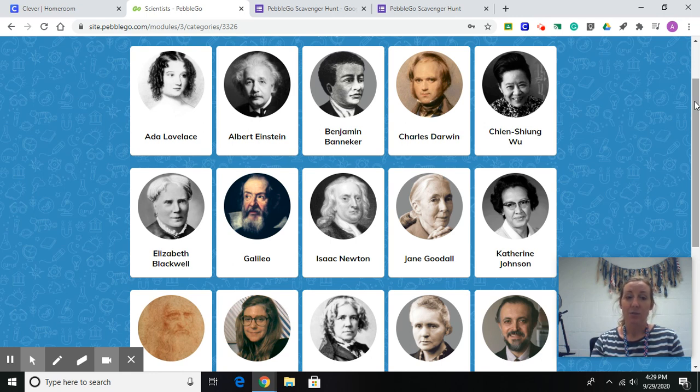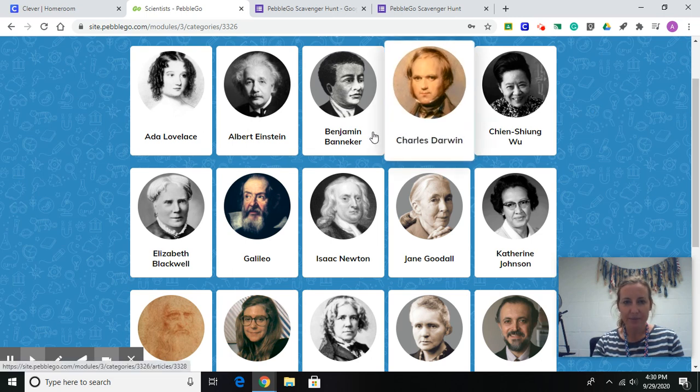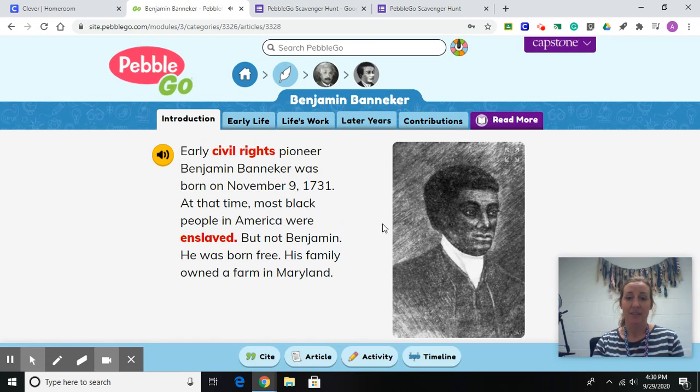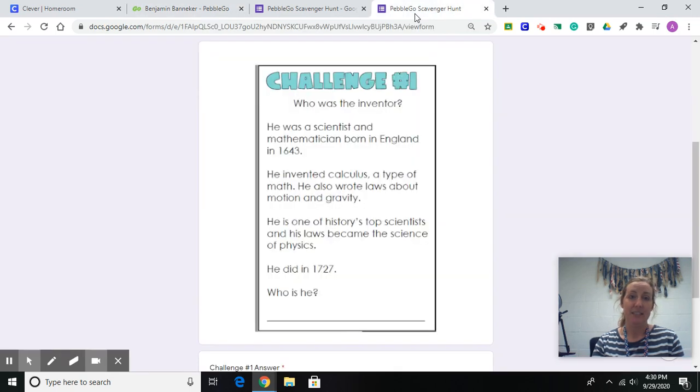So I'm going to need to look for a painting or a portrait, not a camera picture. So I'm looking for a he with a portrait. I'll click on him because he doesn't have a camera, but he was born in 1731, and my clue is 1643. So I'm going to keep looking.